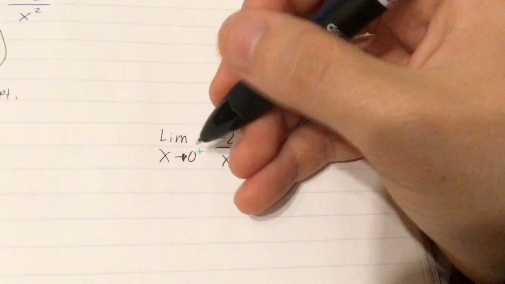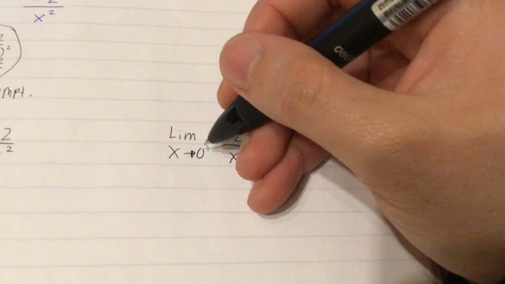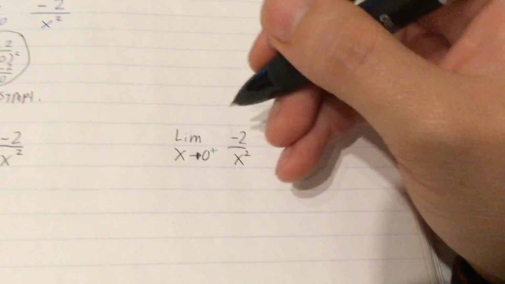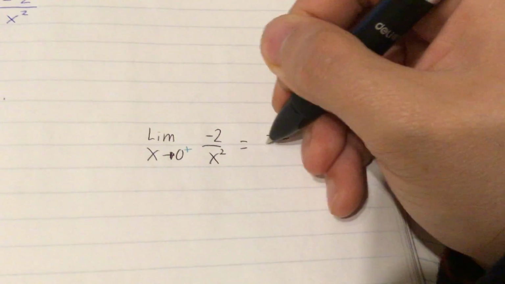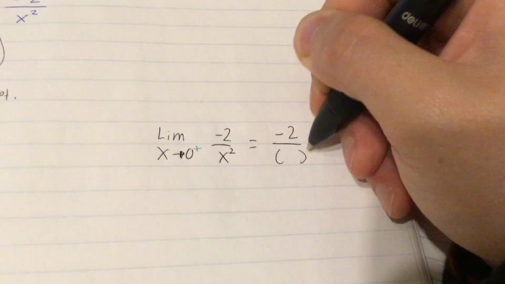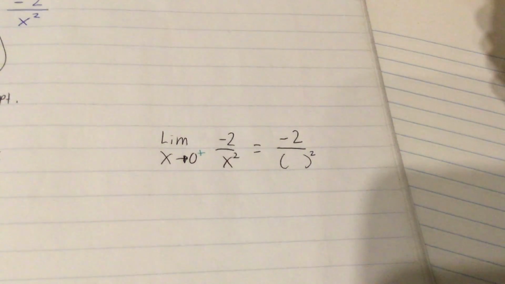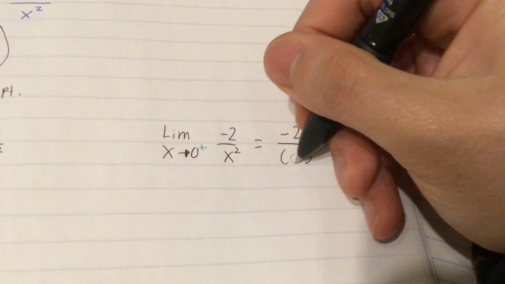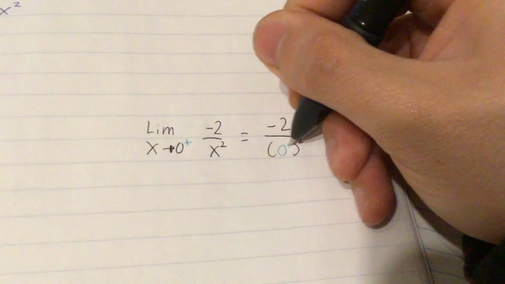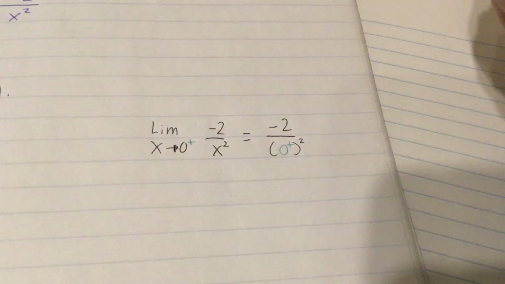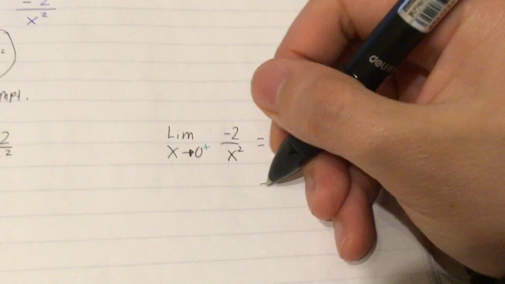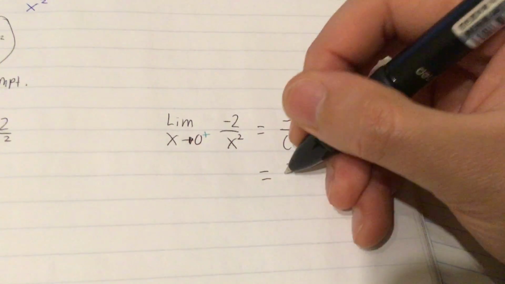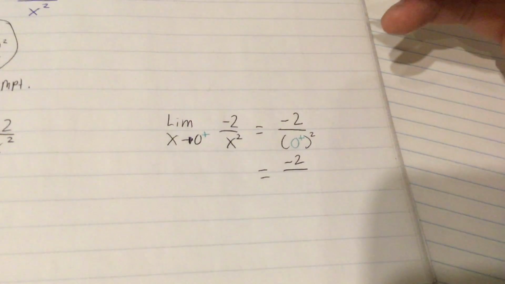So if I take the right-hand limit, in other words, let's just pretend we're approaching x equals 0 from the right side, so positive 0.001. If I plug it in, negative 2 over the right side of 0, well, even though it's so close to 0, it's practically 0, let's pretend it's positive 0.0001. If I square that, is that going to be positive or negative?